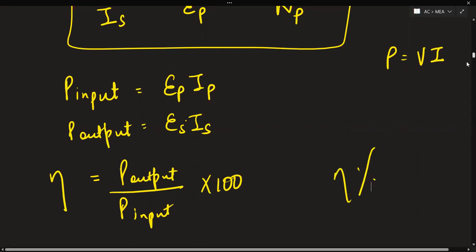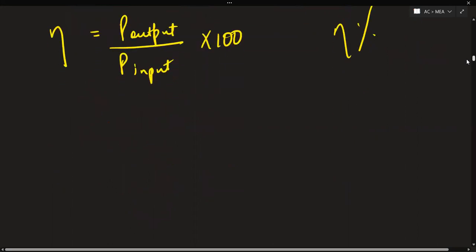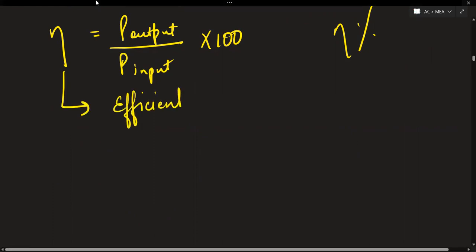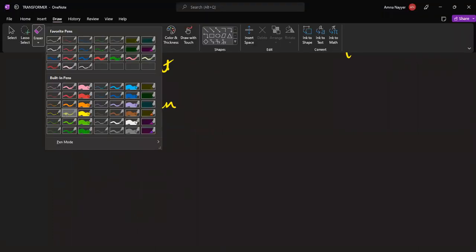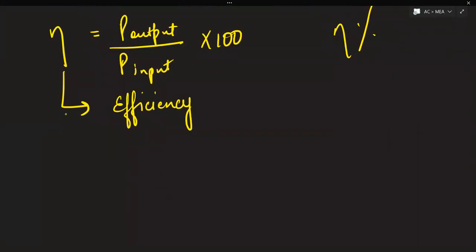So what exactly is this eta? This is the efficiency of a transformer. How efficient is your transformer? For machines, we always have this. Refrigerators, Carnot engine, all these are there. So it's the efficiency of a transformer.